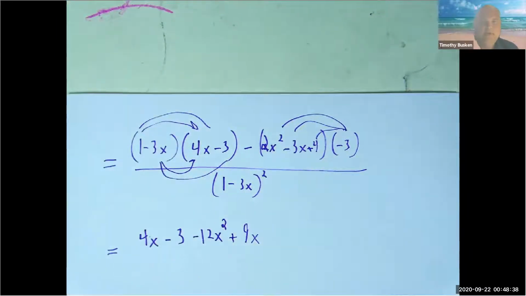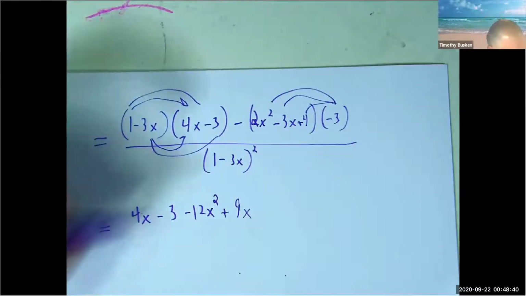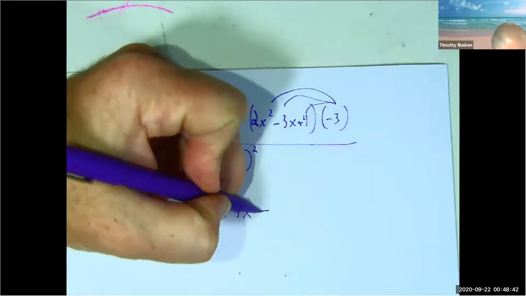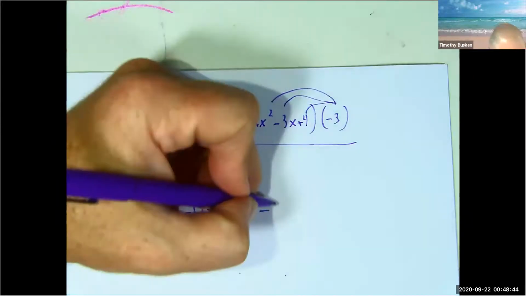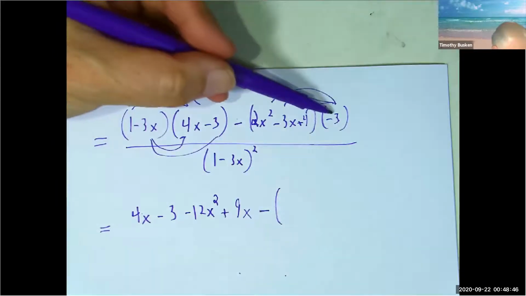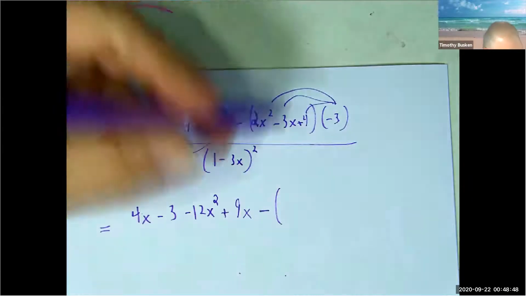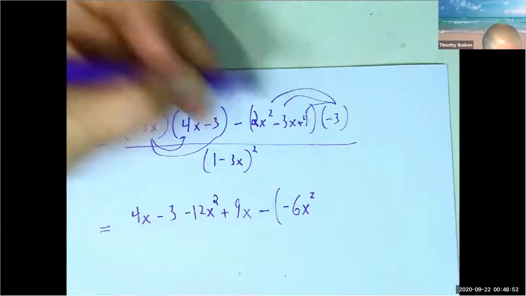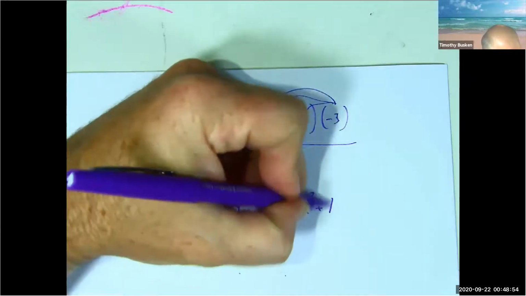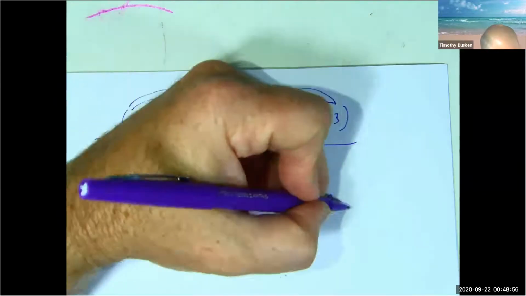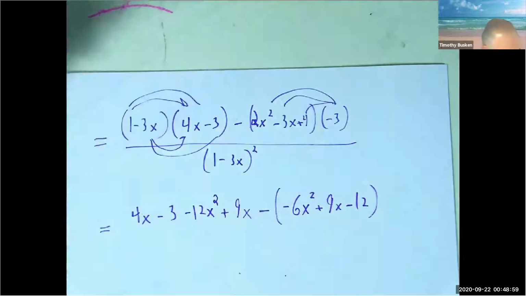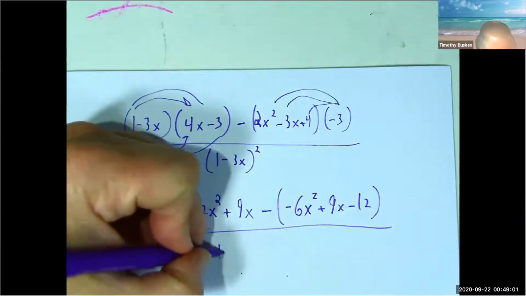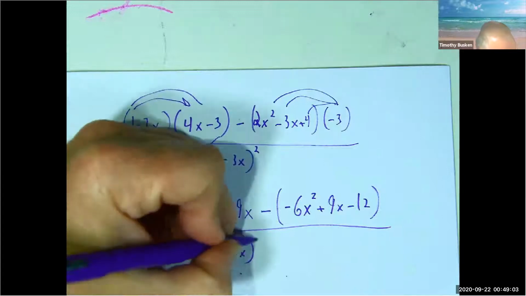Okay, so we got that straightened out. Then this minus sign over here is right there. And we'll put some parentheses here because we're just going to distribute -3 over this quadratic. So that'll give us -6x squared plus 9x minus 12. And that's all over 1 minus 3x quantity squared.